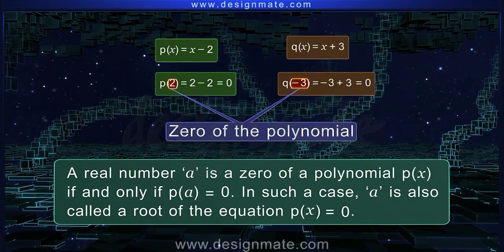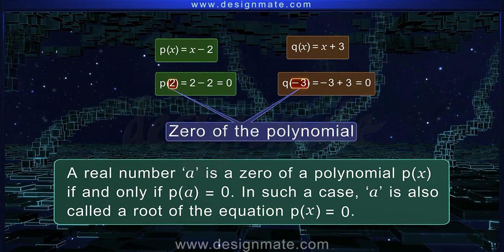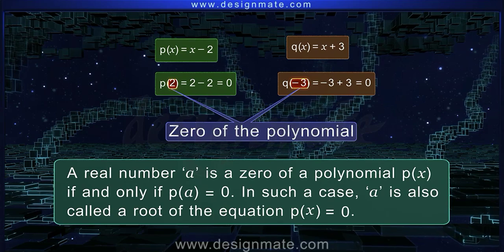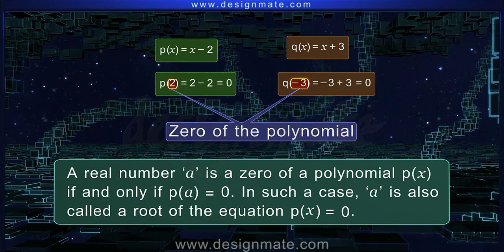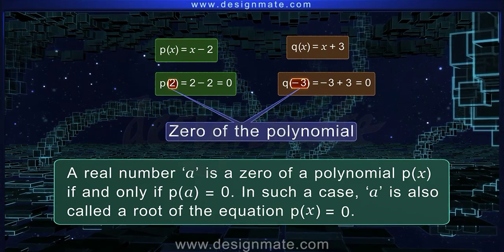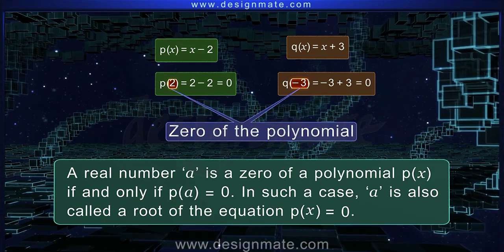A real number a is a zero of a polynomial p(x) if and only if p(a) = 0. In such a case, a is also called a root of the equation p(x) = 0.